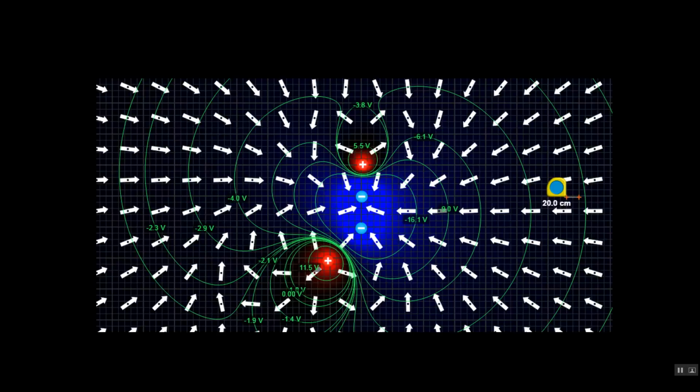We know that electric field is a vector. We know that equipotential lines are not vectors, so that's why there are arrows for the electric field and no arrows for the equipotential lines. Everywhere on the equipotential line, or maybe you should answer me this: what does it mean to be equipotential? What does equipotential mean? Martin?